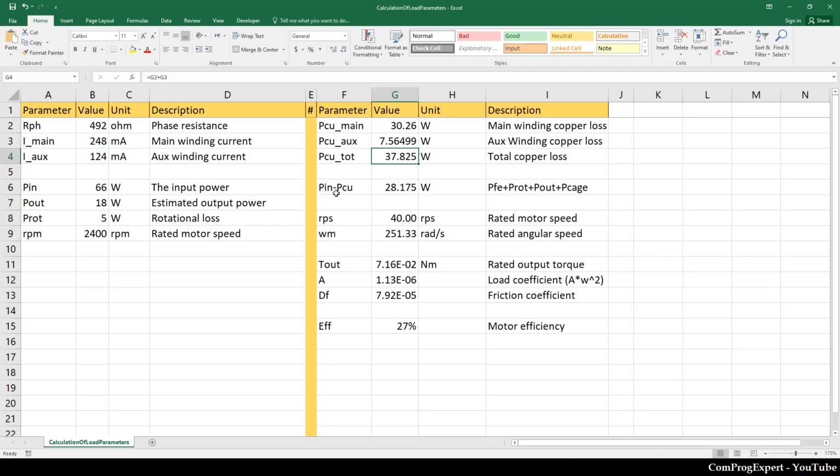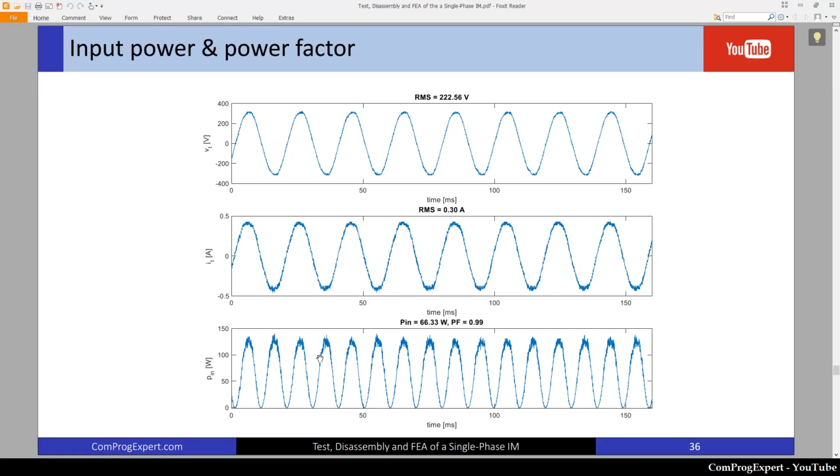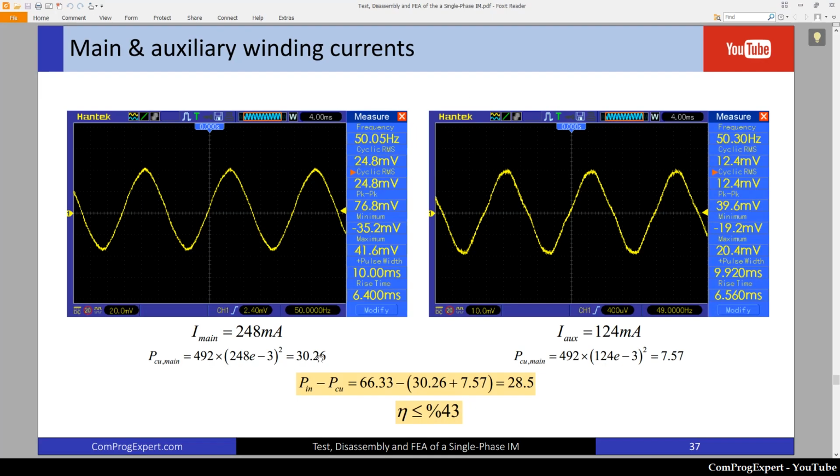So input power minus stator winding copper losses is equal to iron losses, rotational losses, output power, and cage losses. That is equal to 28. As you can see here, we have a high amount of copper losses, and because this is a low efficiency, low power motor, the efficiency of this motor is low.